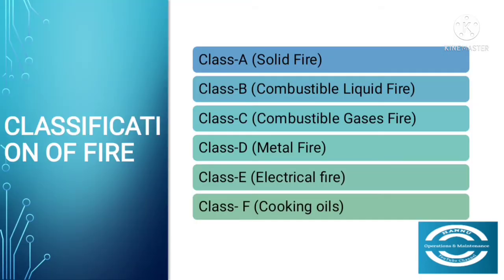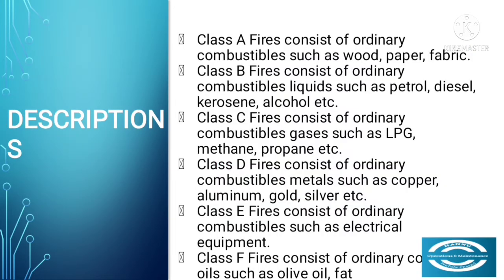Next one is the classifications of fire. Class A, Class B, Class C, Class D, Class E, and Class F. Class A fire is considered a solid fire, Class B a liquid fire, Class C a gaseous fire, Class D a metal fire, Class E an electrical fire, and Class F a cooking oil fire.